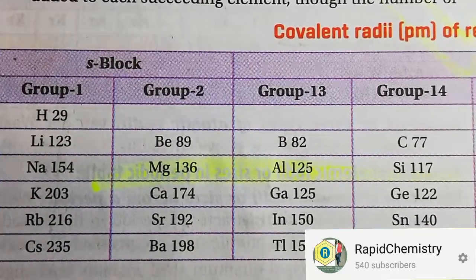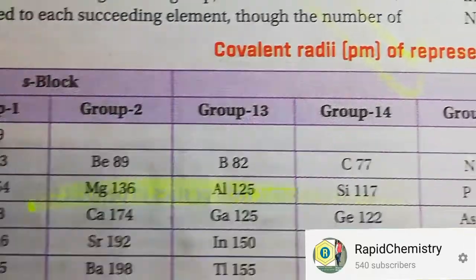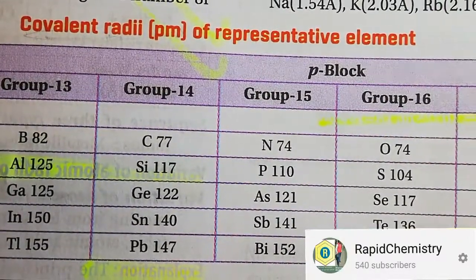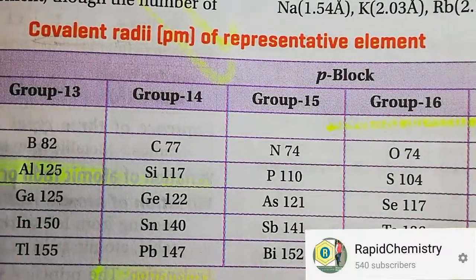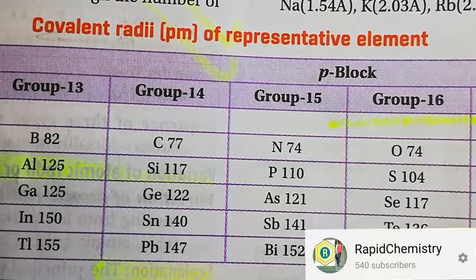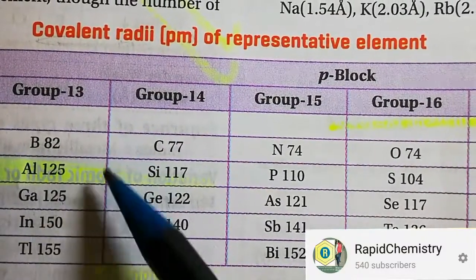So in all the groups, be it group 1, 2 or 13, 14, 15, 16, there is always an increase in size if we move from top to bottom in a specific group.